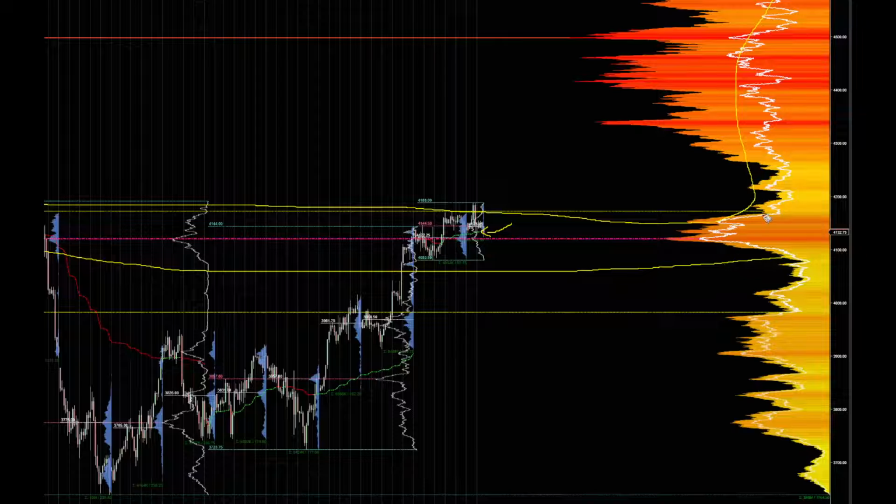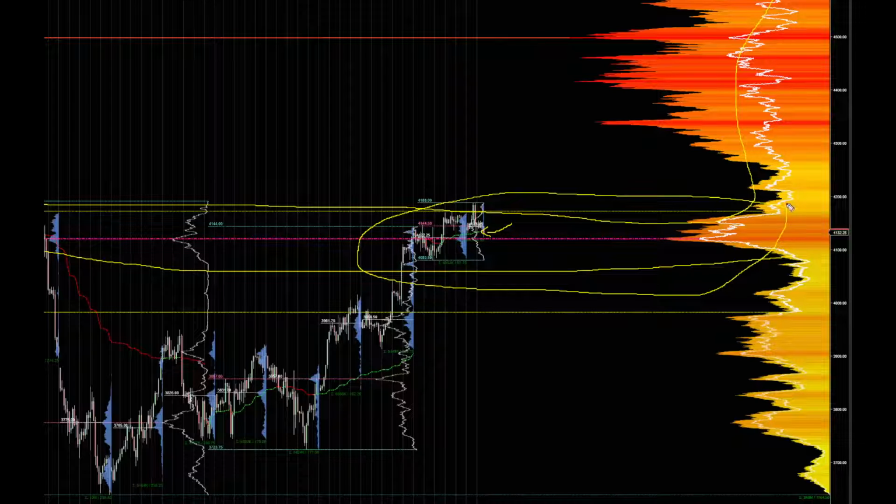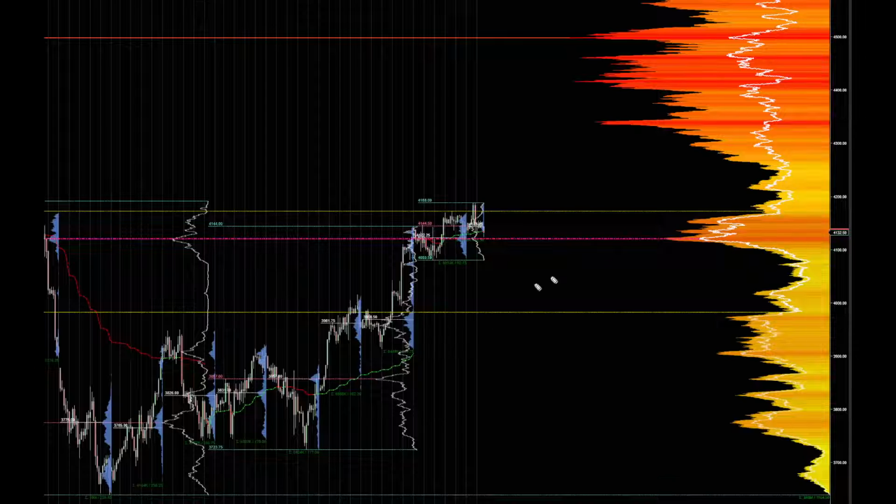So in the grand scheme of things, we're at the most traded price of the year, holding the auction up, holding the market up. It's going to be hard to move out of this. Anytime you have this volume, it's not easy to just break out of it. It's going to slow the market down.